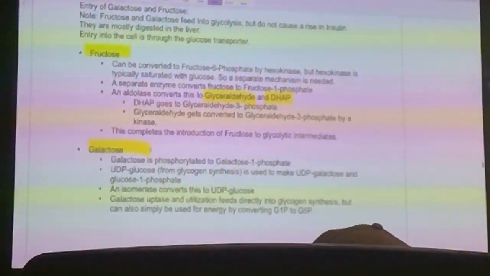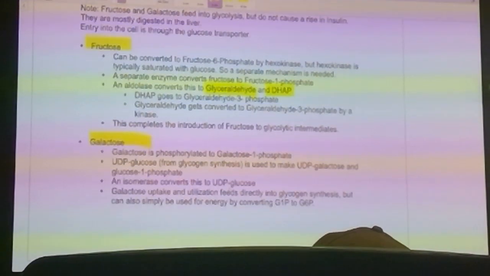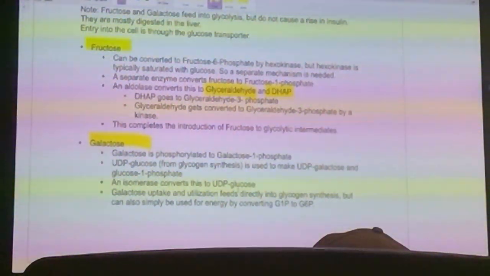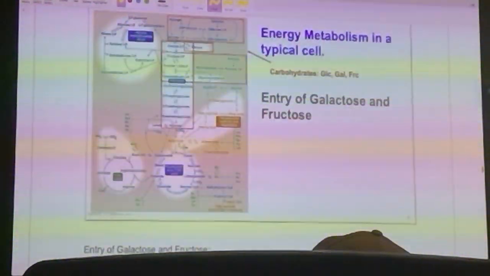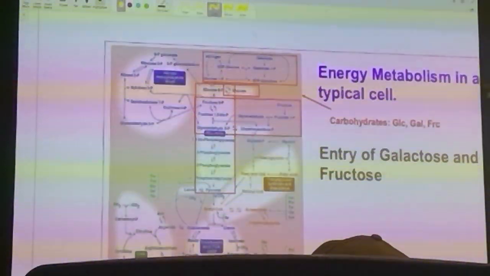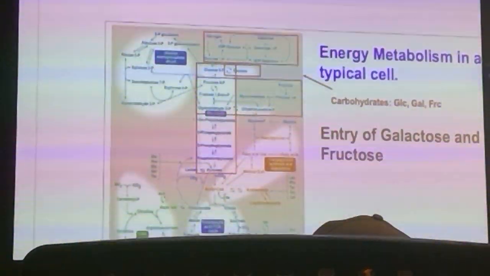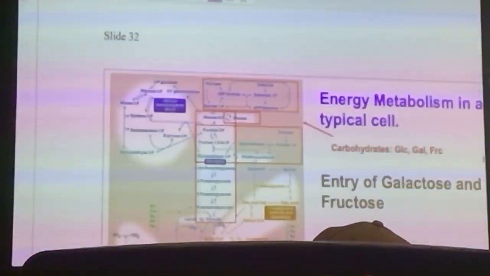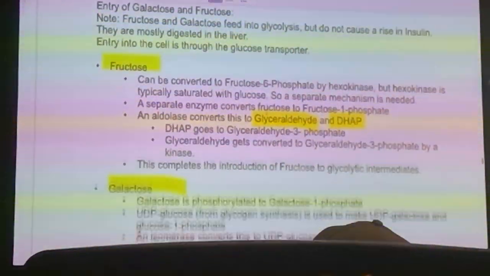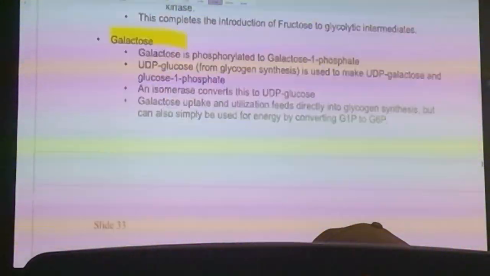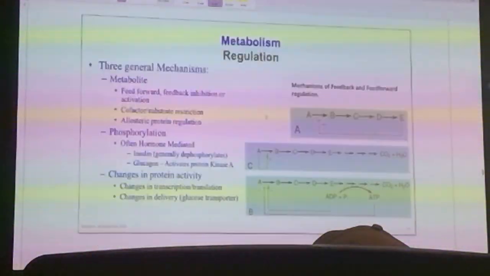And then galactose enters through, where was it again? Oh, it just turns into glucose 1-phosphate for galactose.